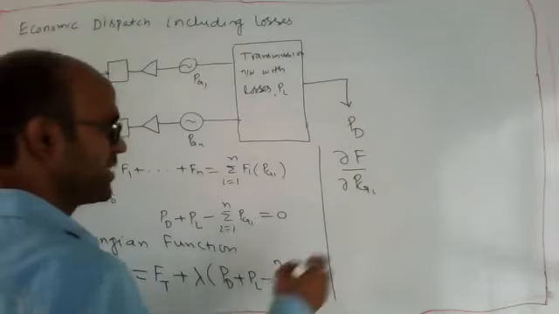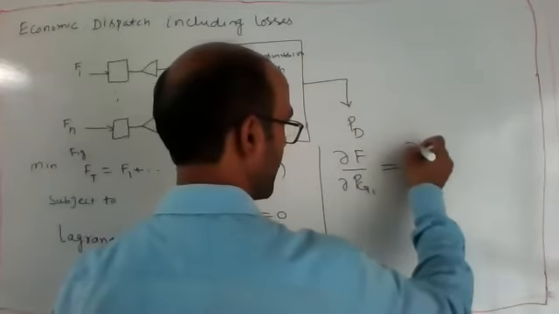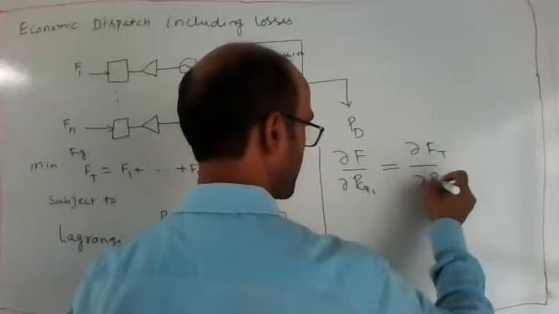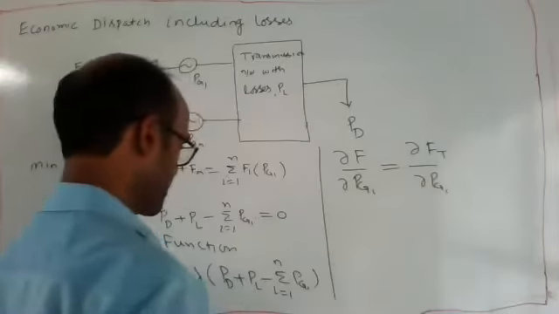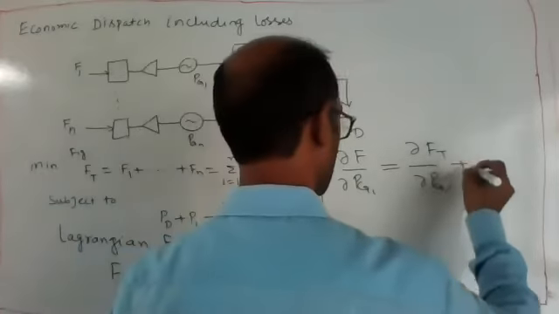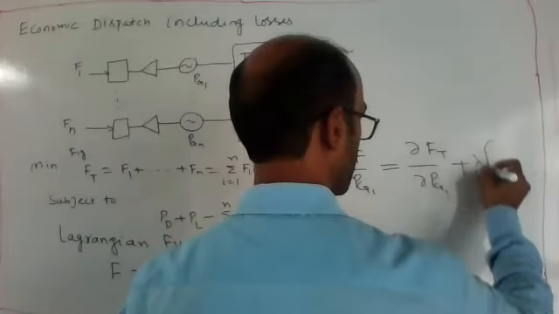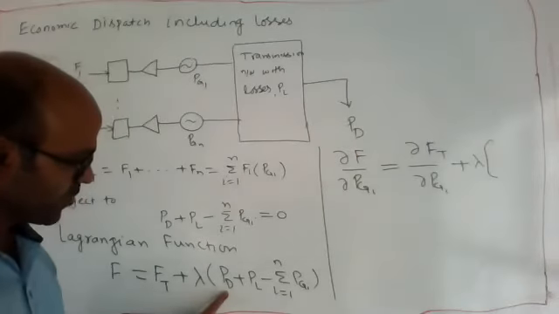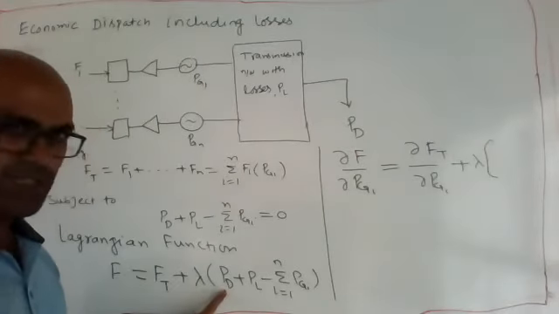If I differentiate it, this is del Ft over del Pgi, plus lambda times the partial derivative of Pd, which is 0 because this is constant.